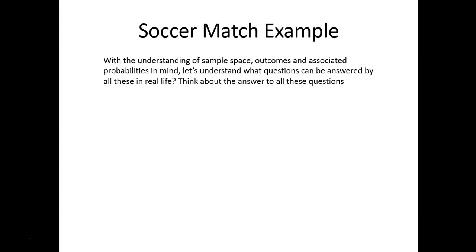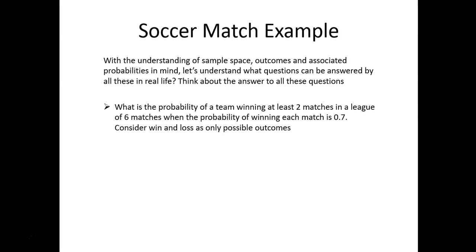Now let's move on to a real life example where there's a soccer match happening. With the understanding of sample space, outcomes, and associated probabilities that we just saw, let's understand what questions can be answered in real life with these. Think about the answers to all these questions.